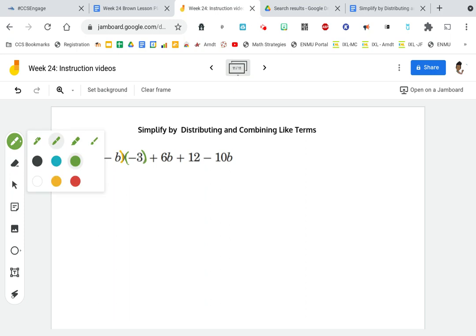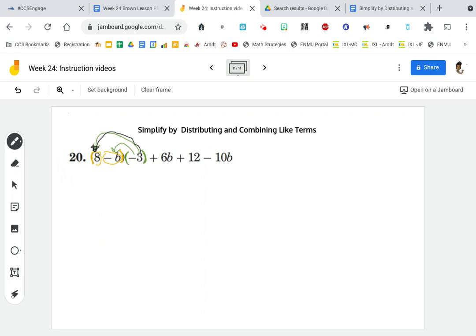So we're going to have to end up distributing that negative 3 to the things in the parentheses, which would be to that 8 and to that negative b. And by the way, that's a negative 3. Okay, so let's get started. So we have a negative 3 times a positive 8.